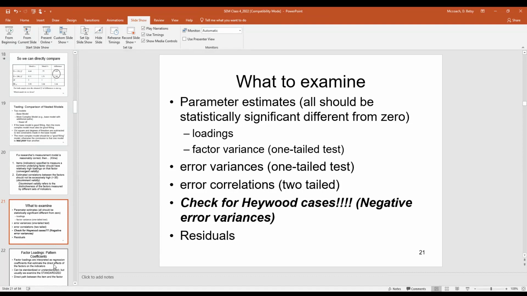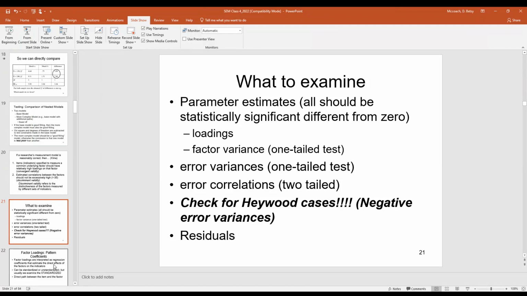So we use a one-tailed test for error variances, two-tailed test for correlations, because of course correlations could be positive or negative. I guess I should say, I said everything should be statistically significantly different from 0, but I don't necessarily care if my error correlations are statistically significantly different from 0. I would drop it out if I didn't need it.